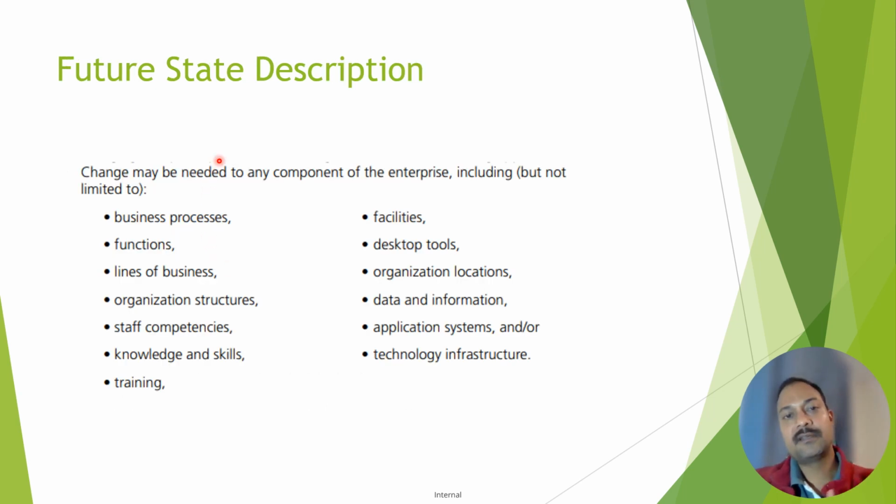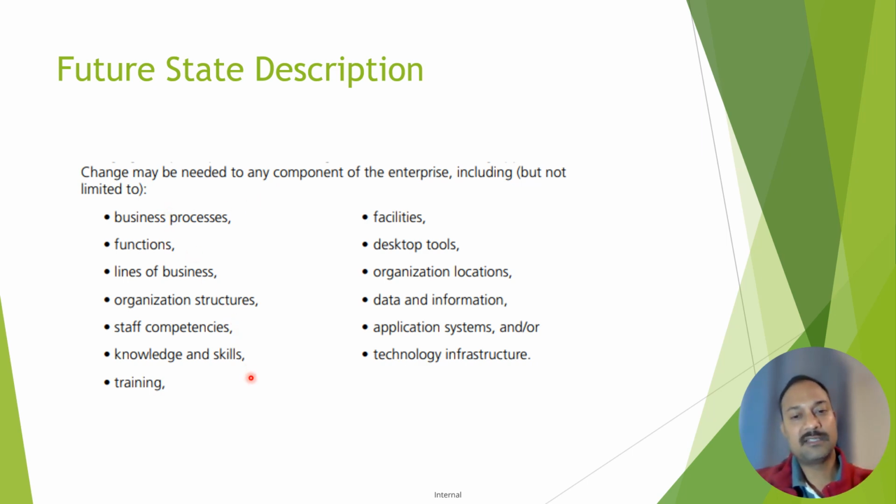So when we create a future state description, it's a kind of documentation. What does this documentation consider in detail? Change may be needed. Whenever we are making any change to reach the 10 million users, we have identified different options, and we have ranked or prioritized those. But which are the areas where the changes could be done?